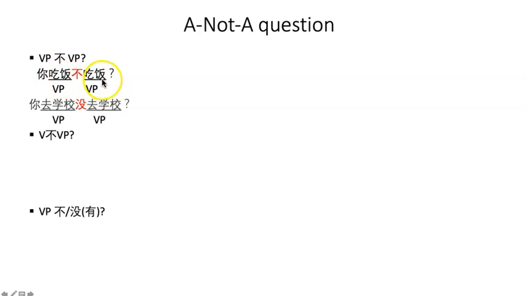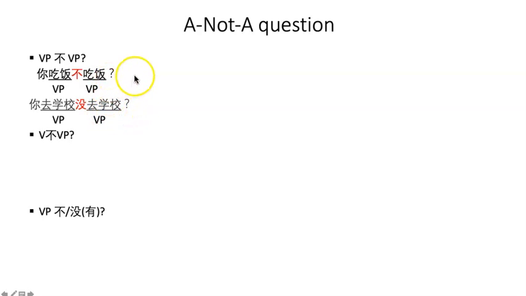So 吃饭不吃饭, 你吃饭不吃饭。去学校 is also a verb phrase. Forming an A not A question, a speaker can also simply repeat this whole verb phrase before and after 没: 你去学校没去学校?